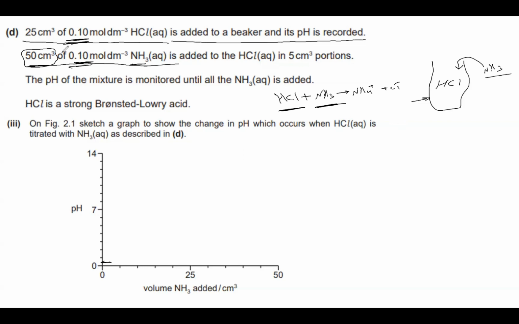What I mean is 25 cm³ of HCl will react exactly with 25 cm³ of NH3.